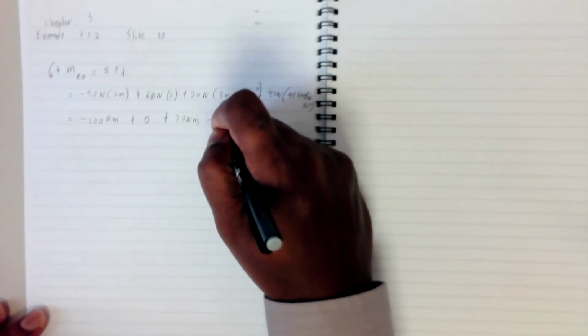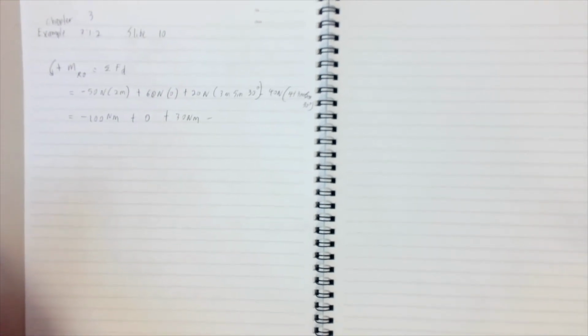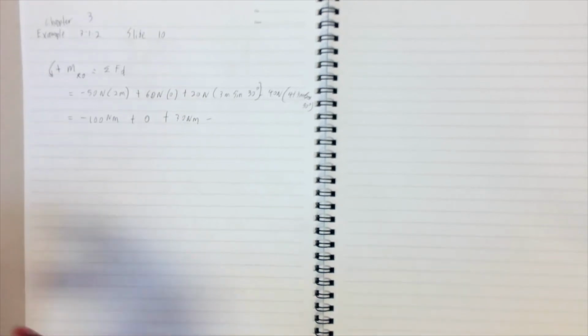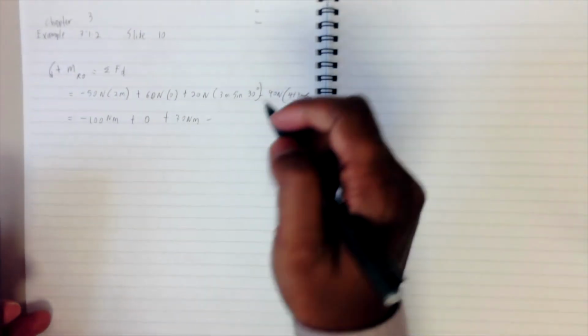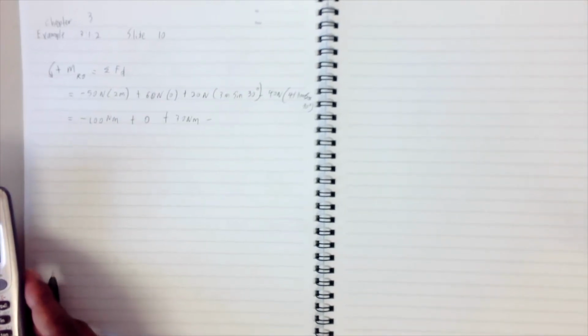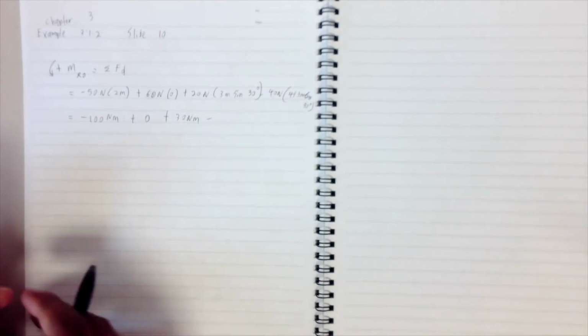Then minus, here the cos 30, 0.866 times 3, we will get a value of 2.598, and plus 4 is 6.598, times 40.